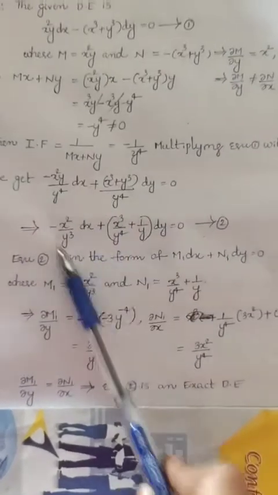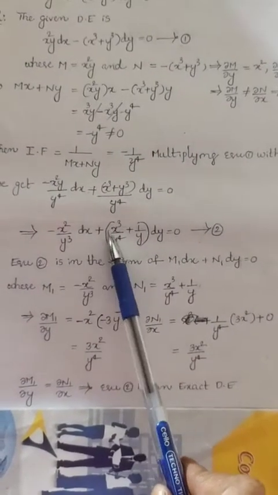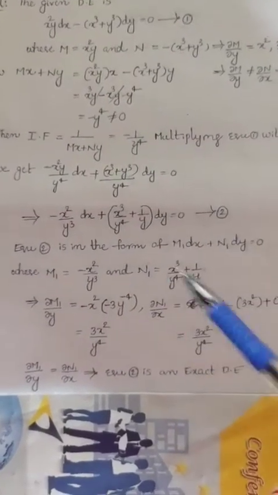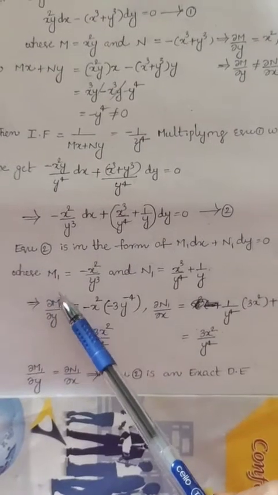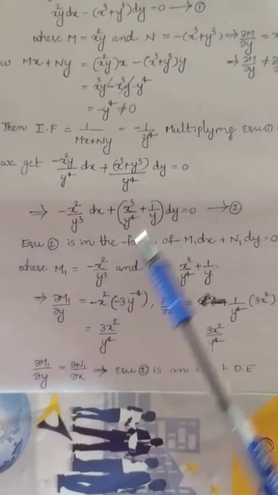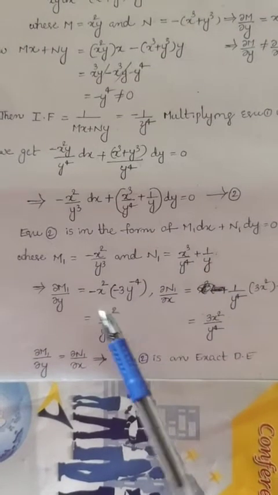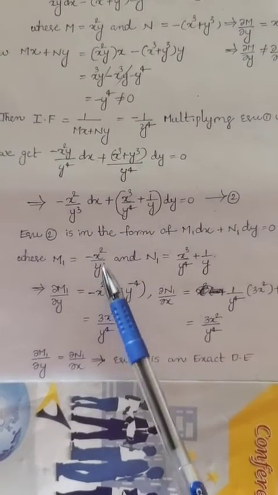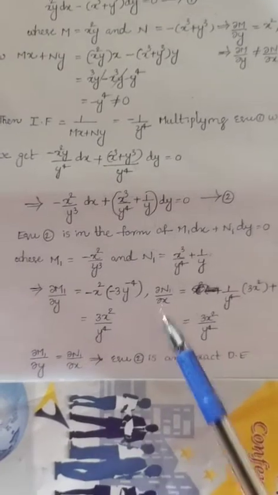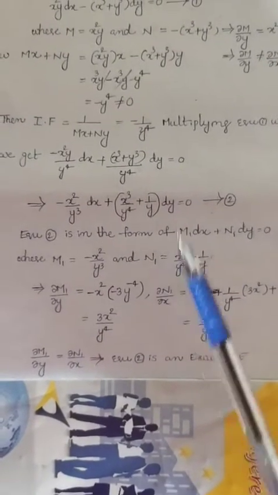So again it is in the form of M1 dx plus N1 dy equal to 0. Here M1 equal to minus x square by y cube and N1 equal to x cube by y power 4 plus 1 by y. Now we have to find the partial derivatives of M1 with respect to y and of N1 with respect to x.